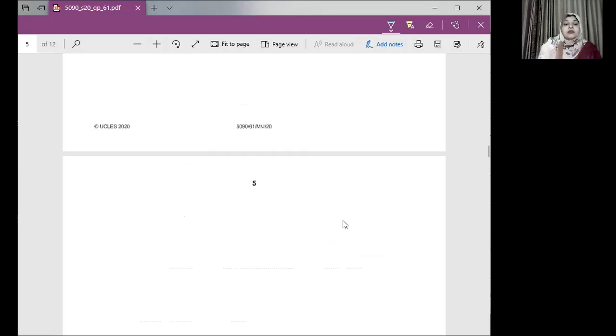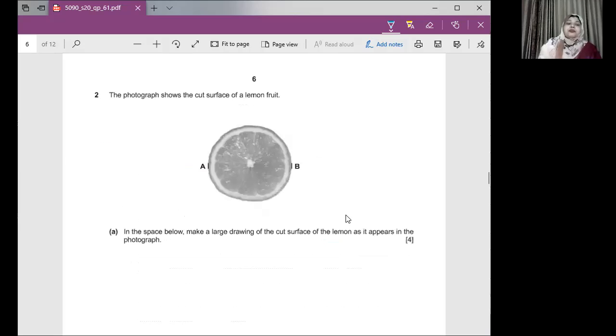Now students, move to question number 2. The photograph shows the cut surface of a lemon fruit. In the space below, make a large diagram of the cut surface of the lemon as it appeared in the photograph. For the 4 marks, you have to draw the diagram.